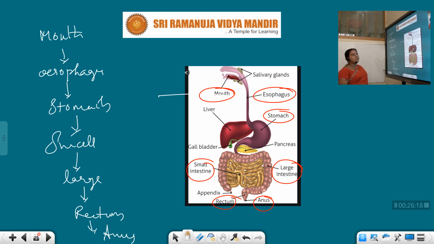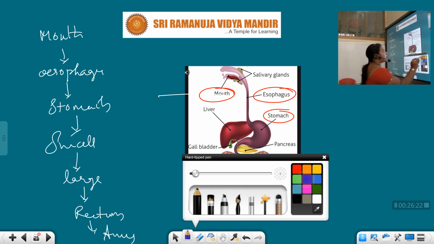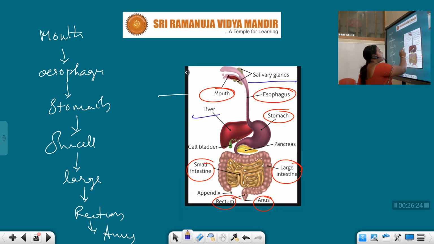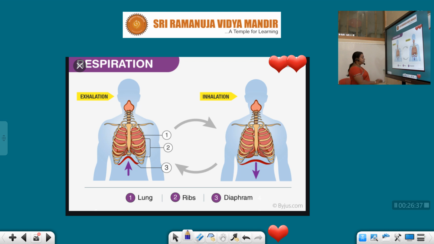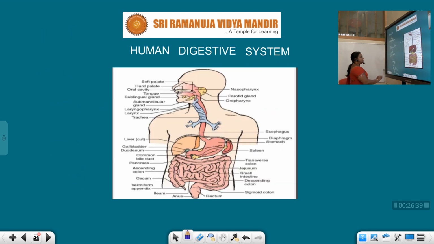Of course, it has some accessory glands. What are those? Salivary glands, liver, pancreas are the accessory glands. So, this is about the human digestive system. Right, children?